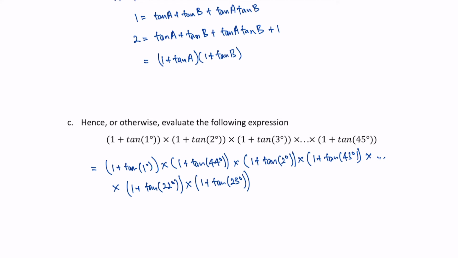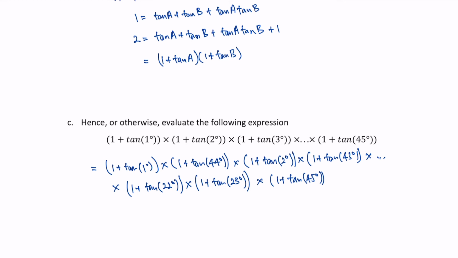And that basically covers all of the terms from 1 to 44. And we also have the last term, which we didn't do at the start. So we've also got the 1 plus tan of 45 degrees.